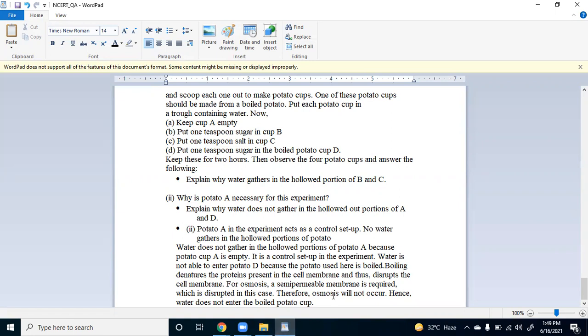Ma'am, it was something like, if a person takes a highly concentrated salt solution, he starts vomiting. Ma'am, can you tell the reason again? Yes, that happens because of exo-osmosis. Whenever a person drinks salty water, it is like a hypertonic solution for him.